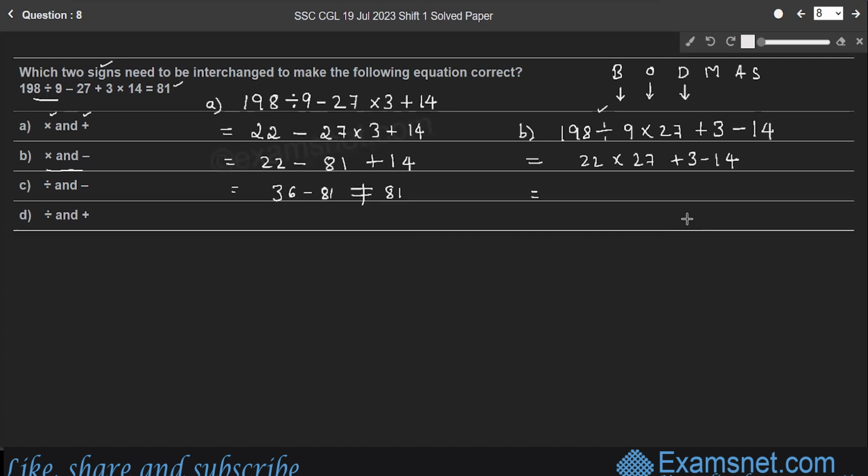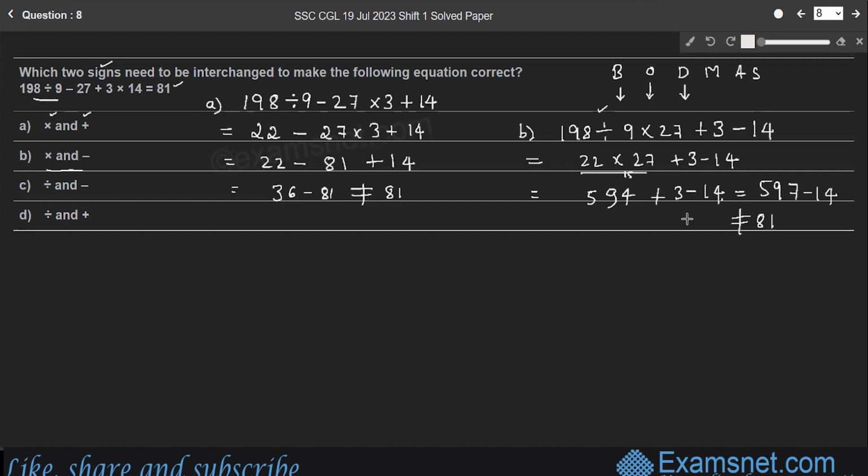Next comes multiplication. 22 into 27, you will get a 3-digit number, 594, plus 3 minus 14. So 597 minus 14, you will get a 3-digit number which is not equal to 81.